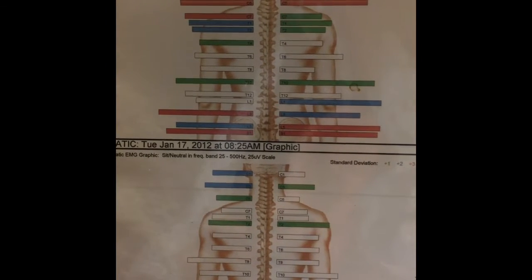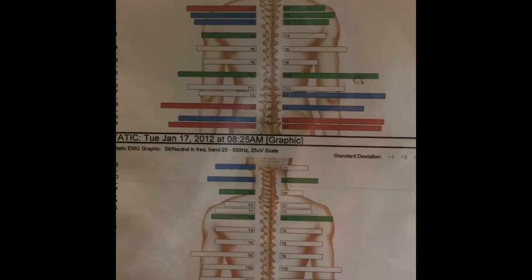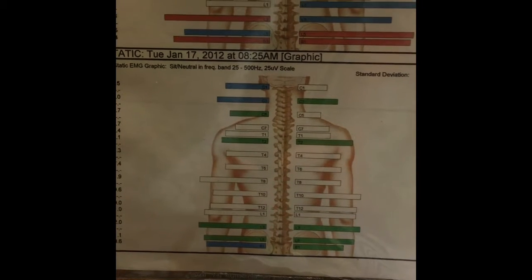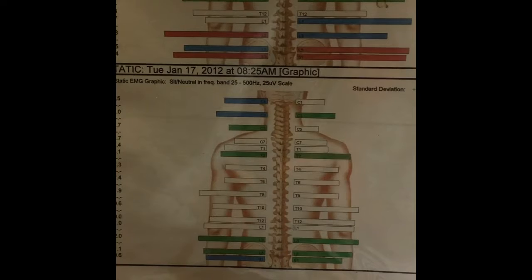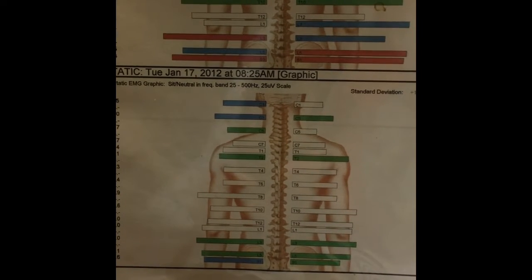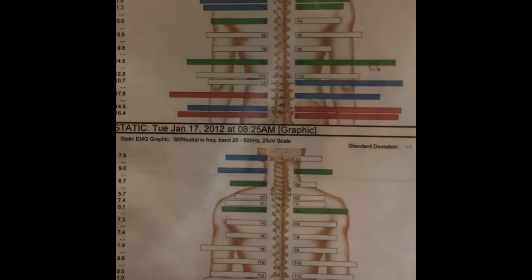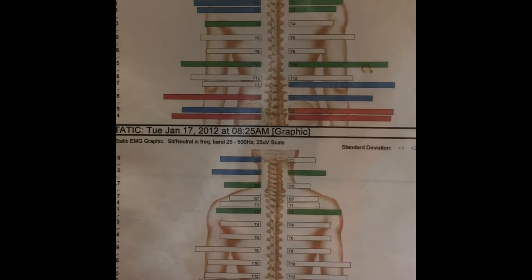Now, after 2 months of treatment, we did another scan, and you'll notice down on the bottom there that all of the red has gone away. There's still a couple of blues, and greens I don't ever get worried about, because you're going to have some issues from time to time going with the greens. So those are not a big factor to me.